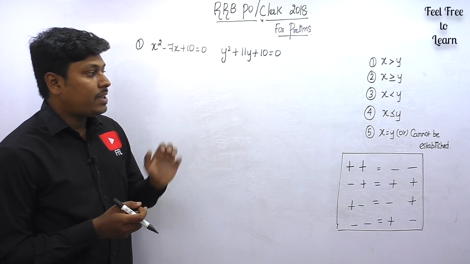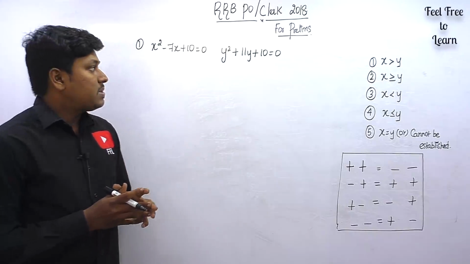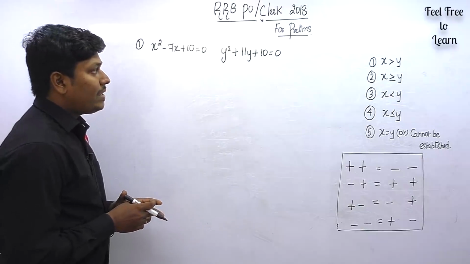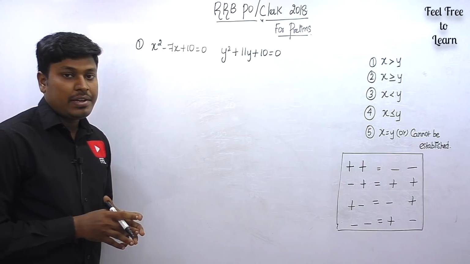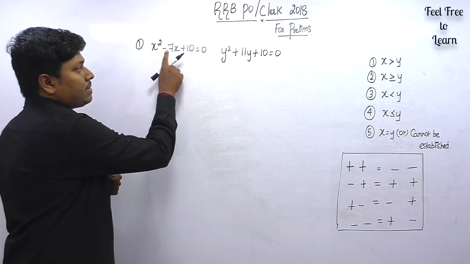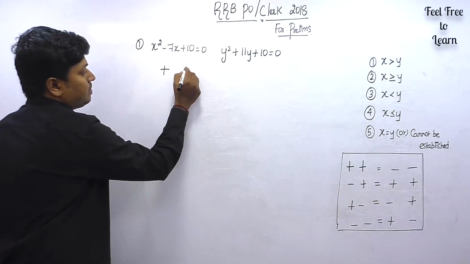Now let me solve a quadratic equation question that was asked in the 2013 exam, right? So first question: x square minus 7x plus 10 equal to 0, y square plus 11y plus 10 is equal to 0. Before finding the factors, first of all, listen here: minus and plus. If the question has minus and plus, then both the factors will be plus and plus.